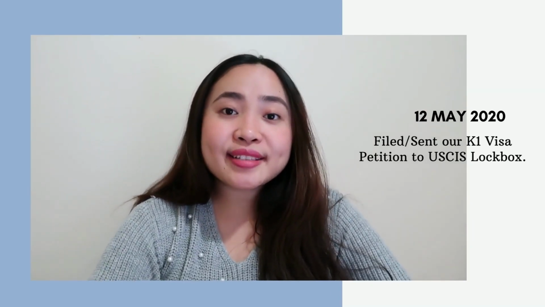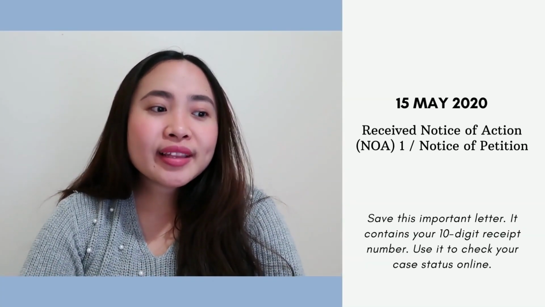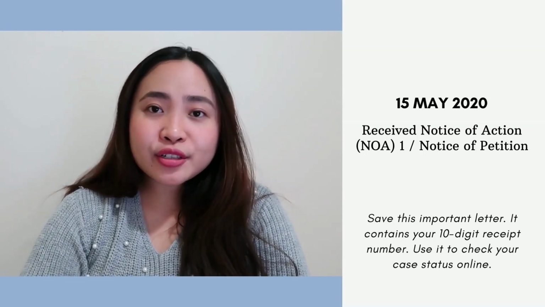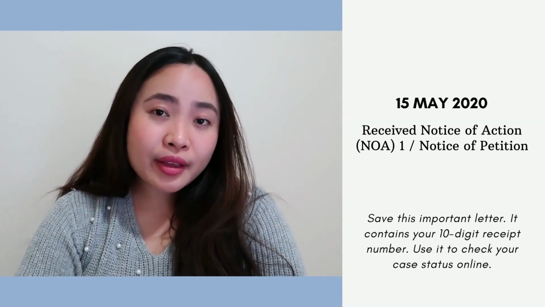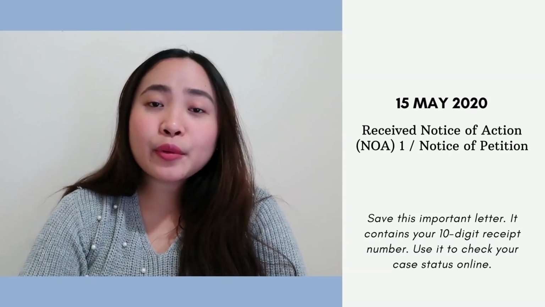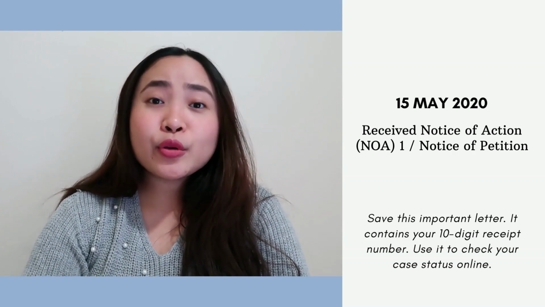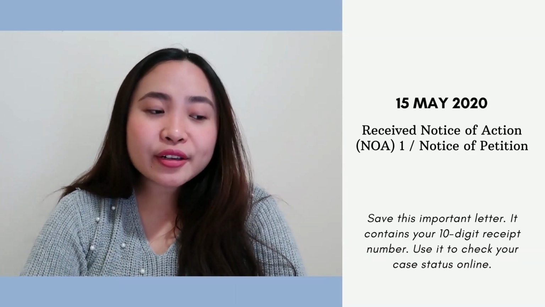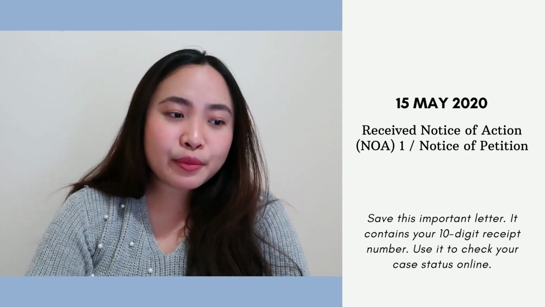Next, if you have filed everything together, you will then receive your Notice of Action or NOA 1. In our case, from May 12, we received our NOA 1 on May 15 of 2020. Now, you have to save this important letter because this contains your 10-digit receipt number.